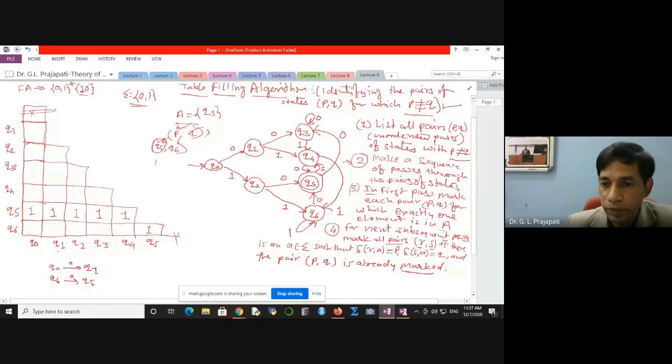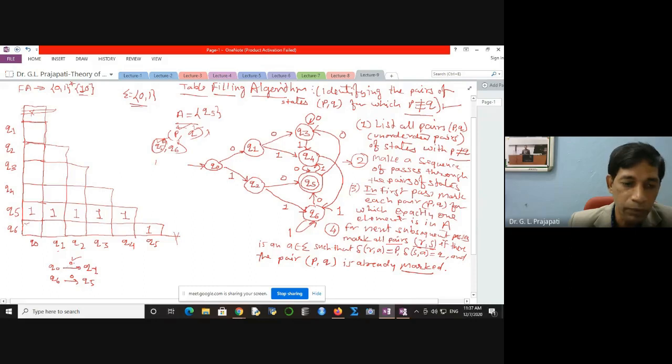So this algorithm says that you have to mark every pair R, S such that if there is an input A, for which you are at the state Q0, you decide whether you can mark the pair Q0, Q6 or not. You have to consider the inputs one by one.